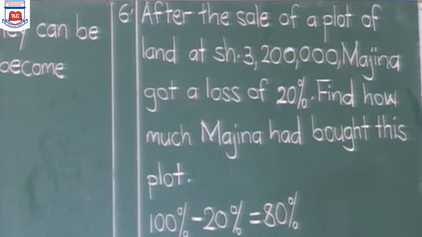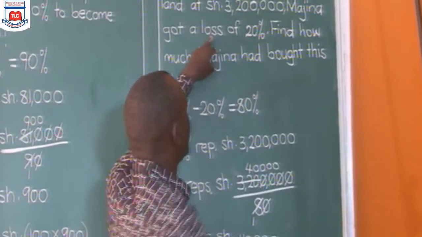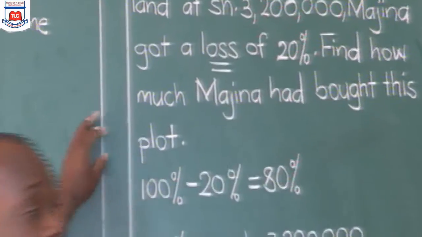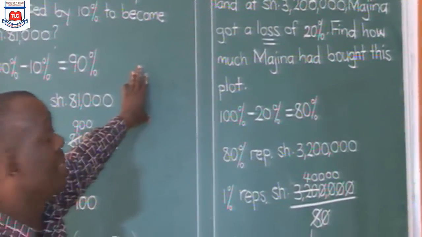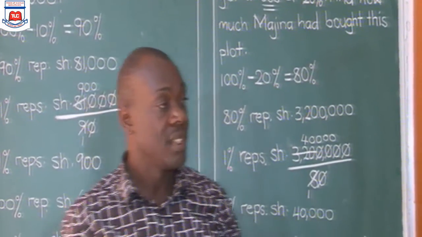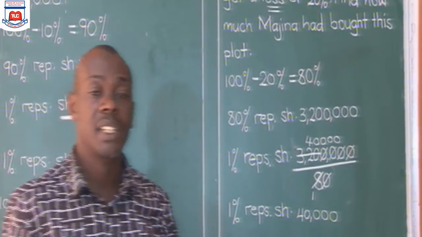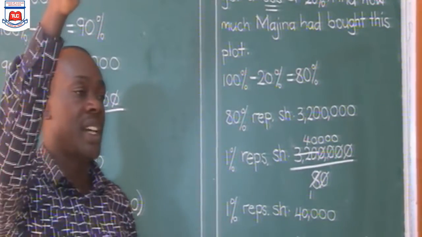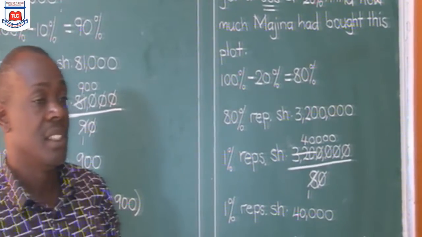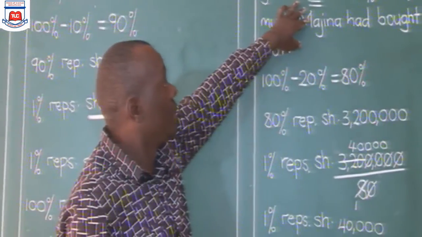Now, the word to look at is loss. When one gets a loss, it means they have sold that commodity, or the commodity he had bought before, at a less amount. He had bought it at a high amount earlier, and now he has decided to sell it at a low amount.